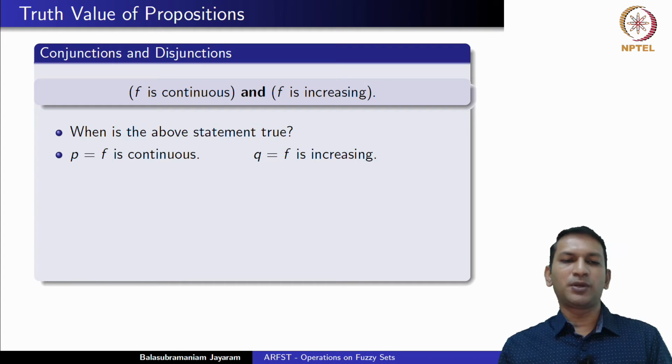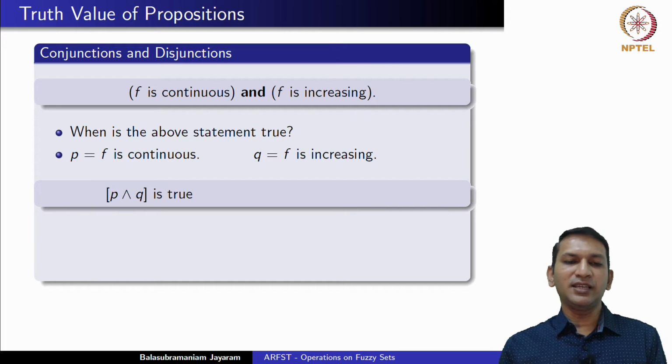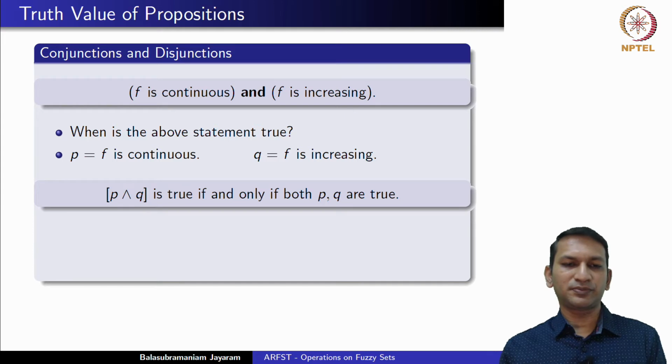Simply put, a proposition is an assertion. To answer the question, when is the statement f is continuous and f is increasing true, we are asking, when is P conjunction Q true? We know that this is true if and only if both P and Q are true.